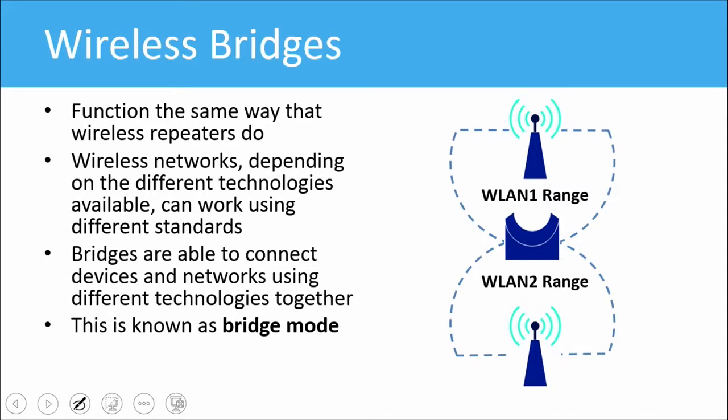Next, bridges. Bridges function in a very similar way to repeaters. Bridges sit in between two different wireless local area networks though. And what they do, just like bridges in real life that connect two different sides of a ridge or maybe a gully or something along those lines, is they bridge those two networks together and connect them together.